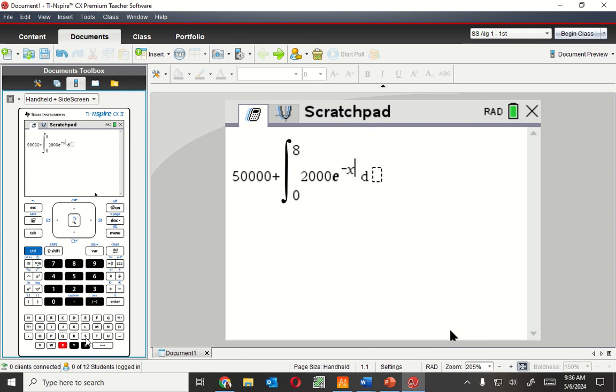It doesn't like plugging in t as a variable, so that's why I'm using x. And now it is going to be my minus 8050.